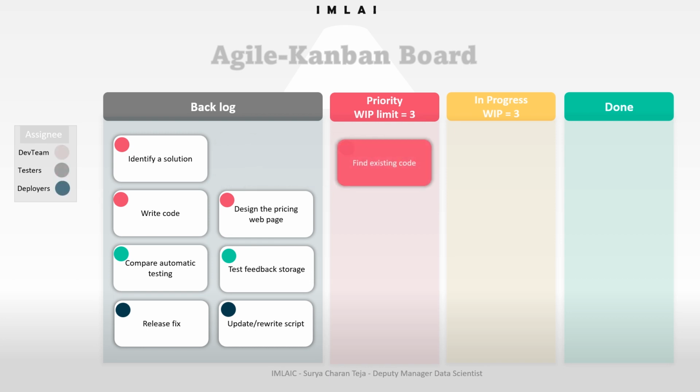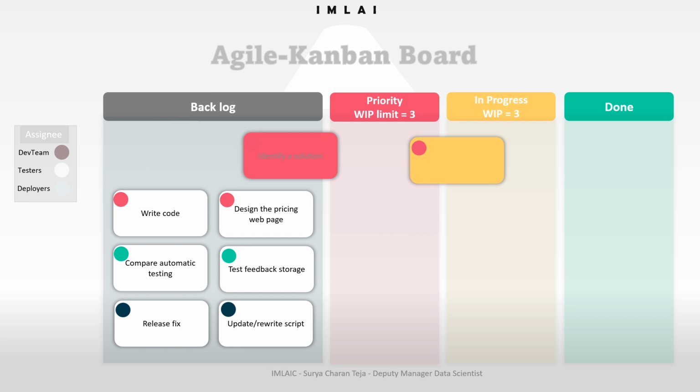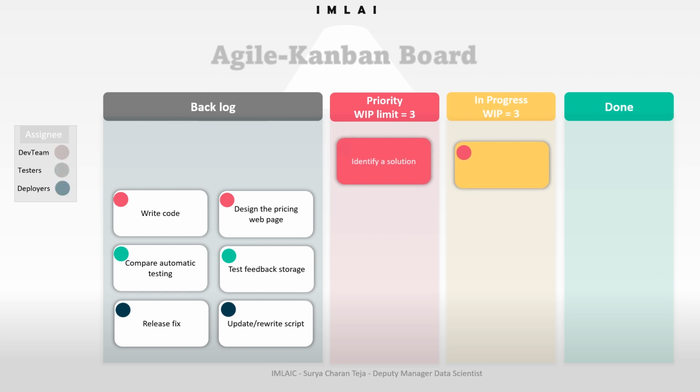For example, the high priority task is to find existing code, which should be done by the dev team. Once that is done, that task will move into in progress. And once the priority section is empty, then another task will come.